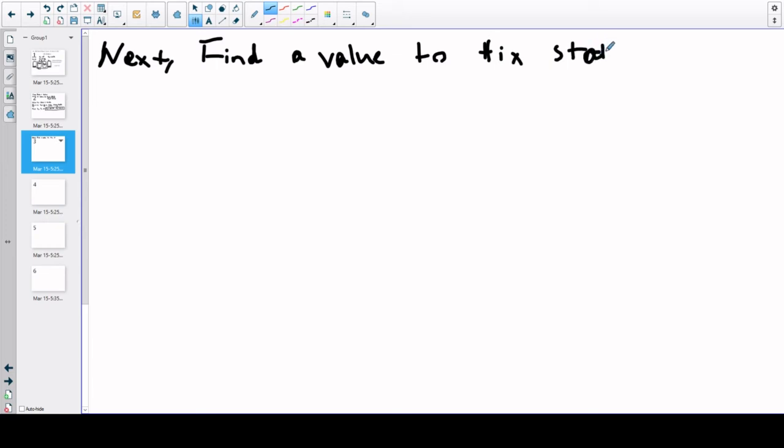But for this problem, because we are given a certain set of information, and these problems change drastically depending on what is given, we have T2, R, and RC.